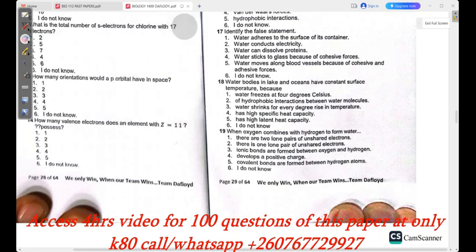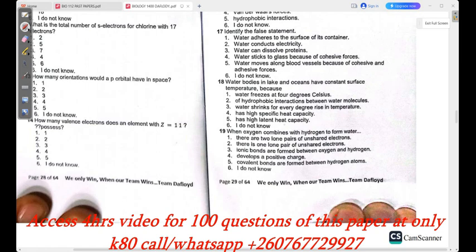That is the reason why a water body in a lake maintains a constant surface temperature. A high amount of energy is required to change the temperature of water, and that property is what is known as high specific heat capacity. So high specific heat capacity is what makes a water body not change its temperature, to have a constant temperature.